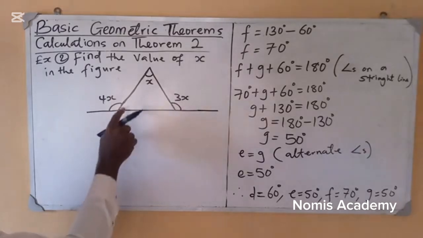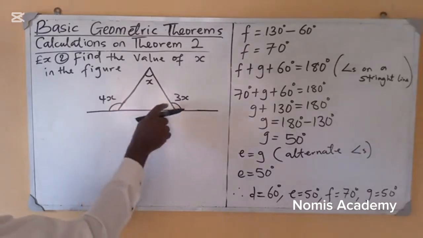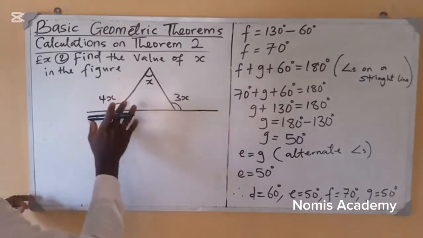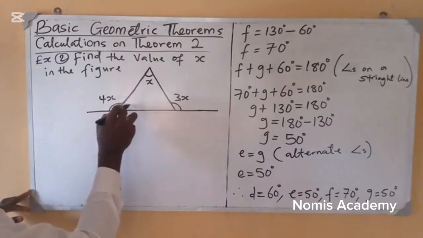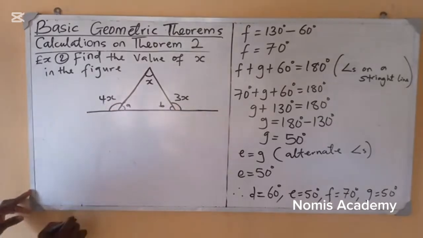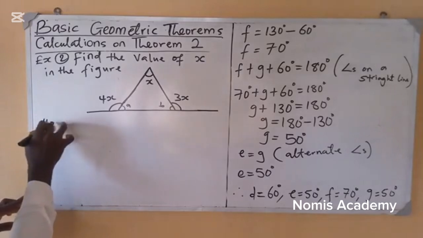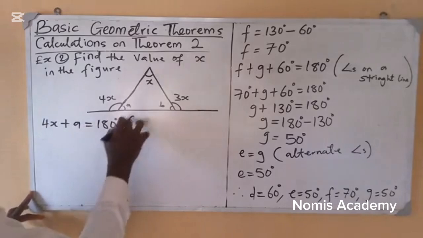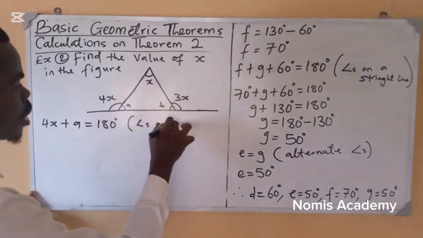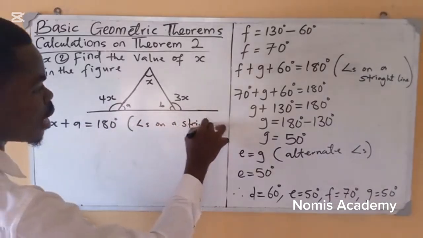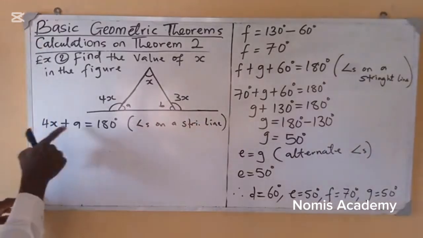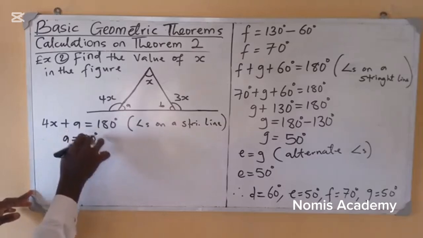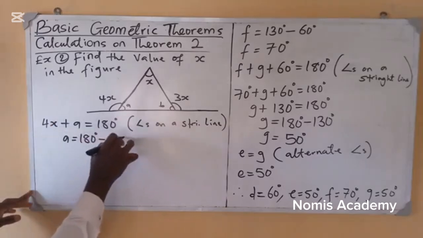All right, now we can start by looking for this other side, that is the acute angle here. Let's find the acute angle. For the first one, let's call the acute angles A and B. So 4x plus A is equal to 180 degrees. You state your reason: angles on a straight line. Now to find A, A is equal to 180 degrees minus 4x.